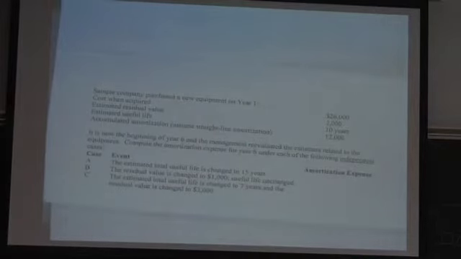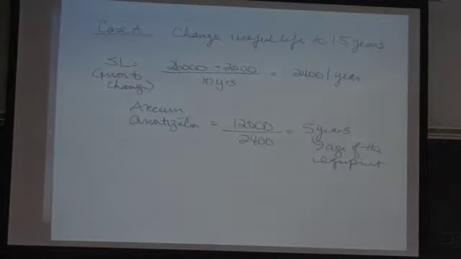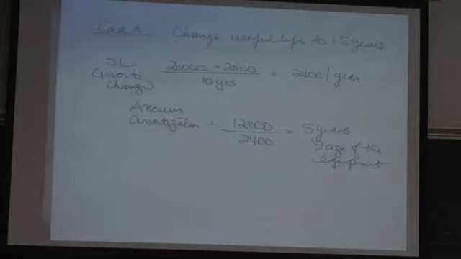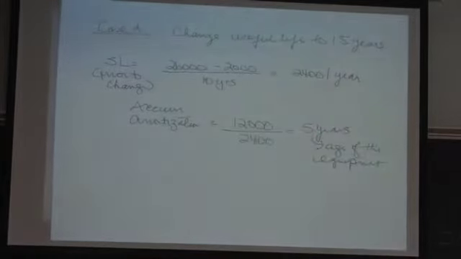So really, in this question, we didn't have to be told that the asset was purchased in year 1. We can certainly figure that out by looking at this calculation. But nevertheless, this is just to confirm that we indeed have used the asset for 5 years.